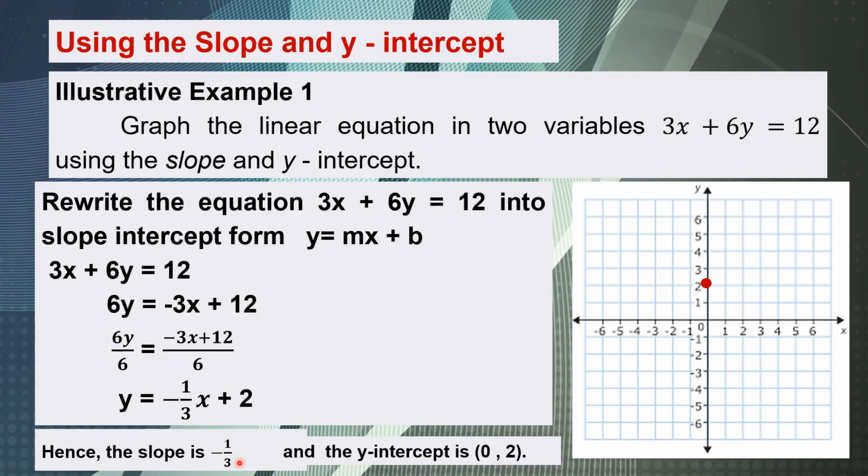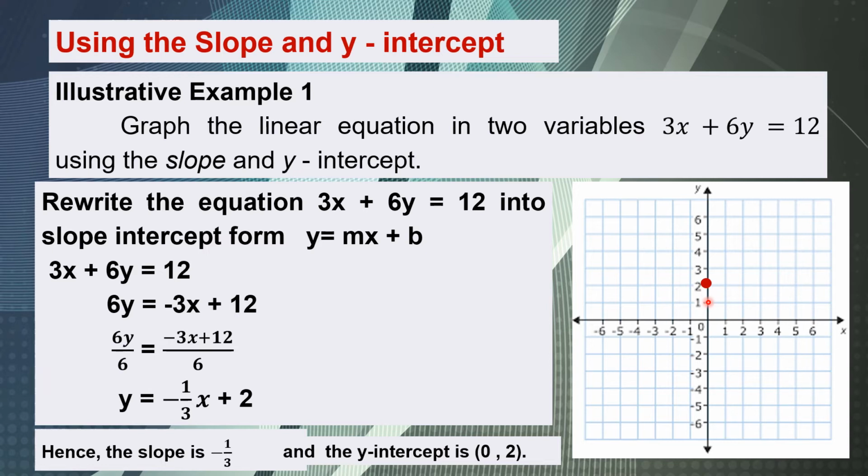Yung 3 ay yung run. So rise over run. So since negative yung ating 1, we move vertically 1 step downward kasi negative siya.